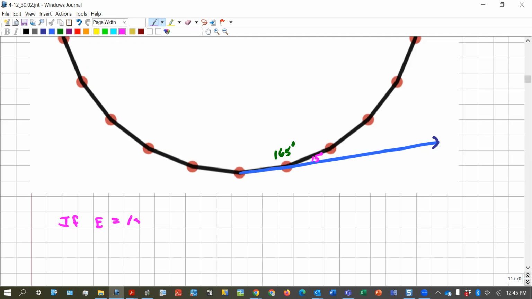So if E equals 15 degrees, then n equals 360 divided by 15. So we get 24.